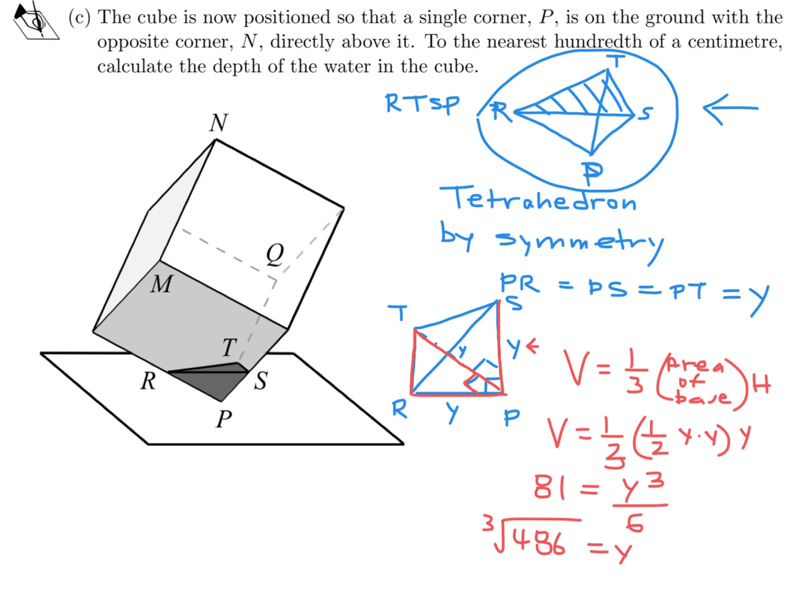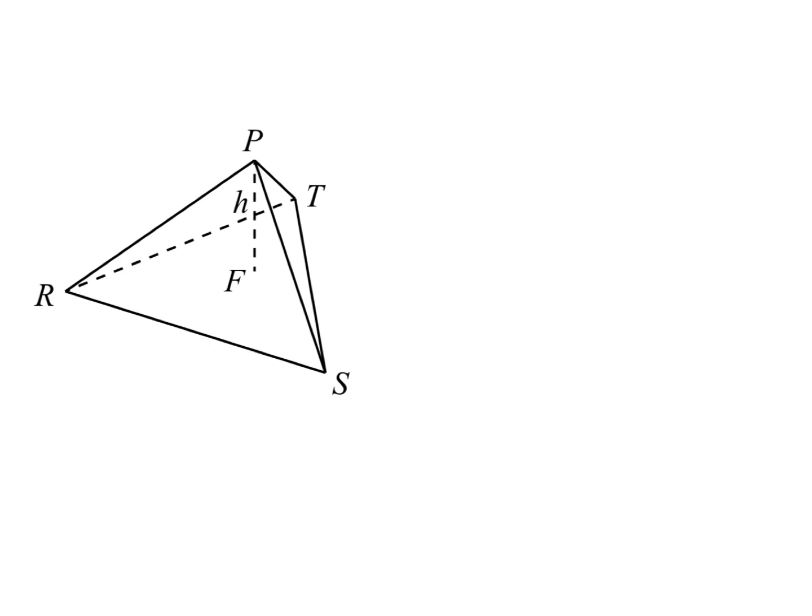Okay. So we figured out Y, which is very helpful. But we have to now figure out the height, basically this top to bottom. And that's where the next diagram comes in. Keeping that in mind, now what we've done is we've taken this and put it in a different rotation, and that allows us to figure out the height.